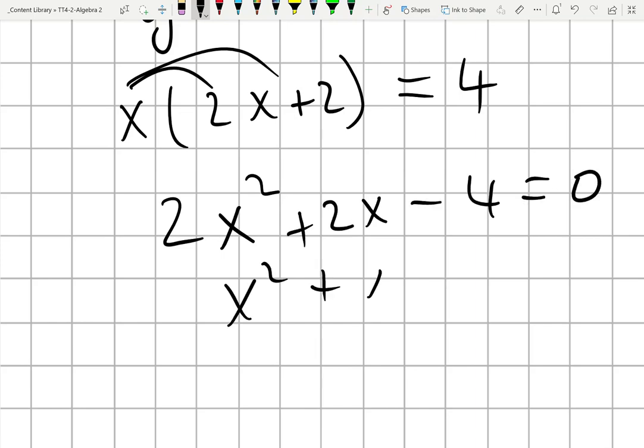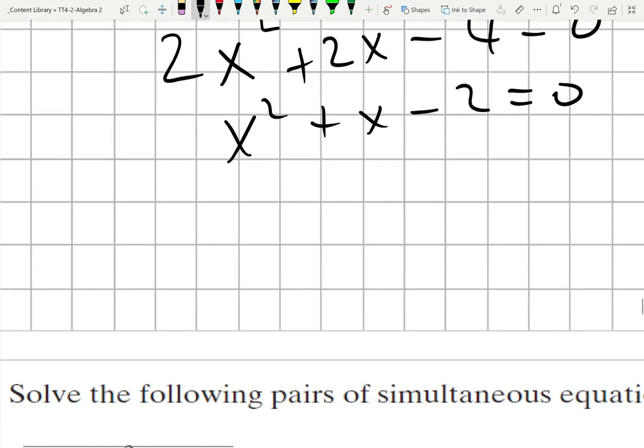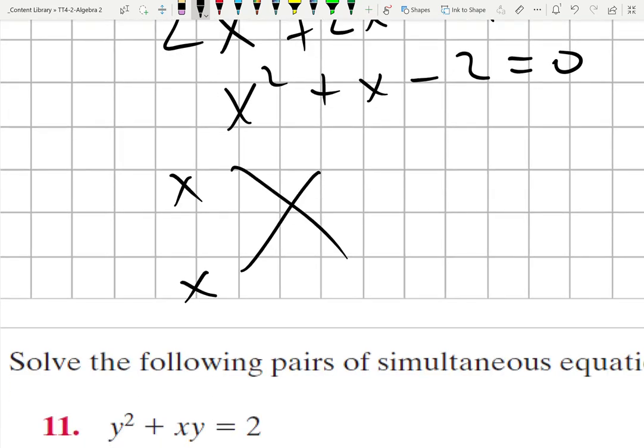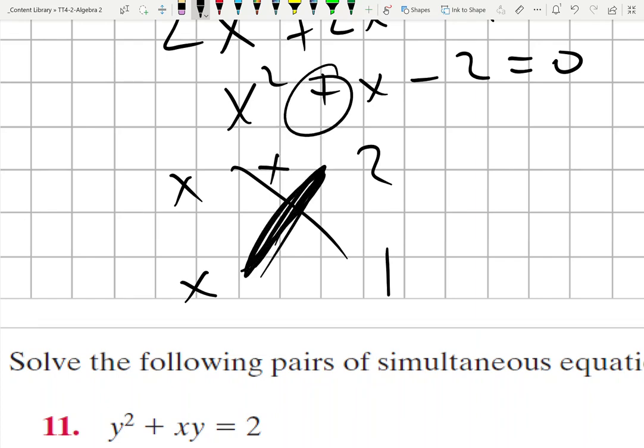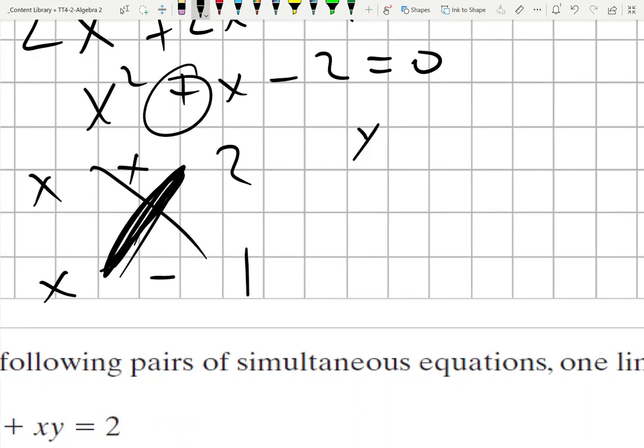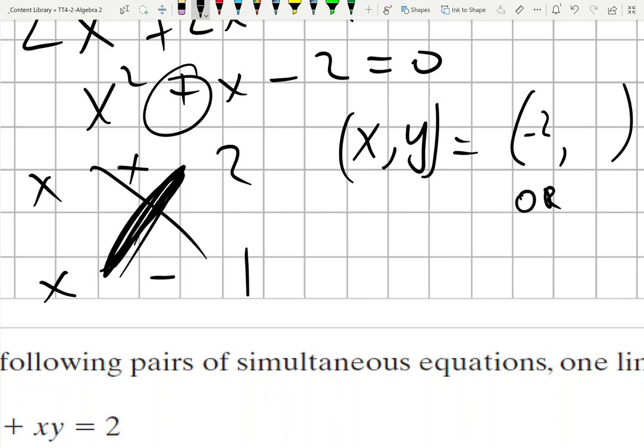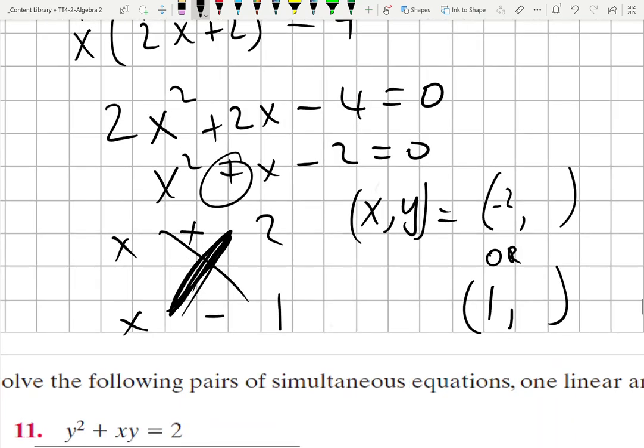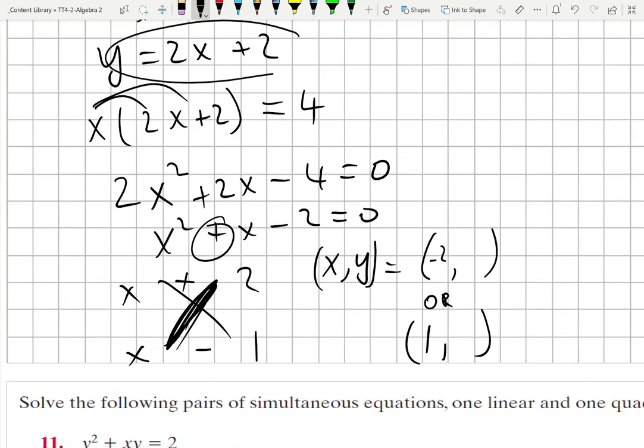Okay, factorize. That's the larger of the two holding this sign. Now we're getting x equals minus 2 or 1, and you find your linear relationship here with a double the x plus 2.